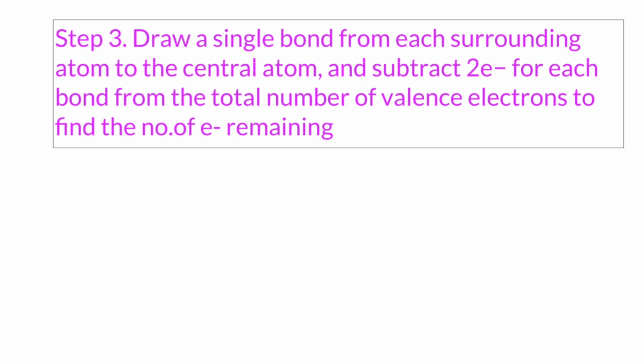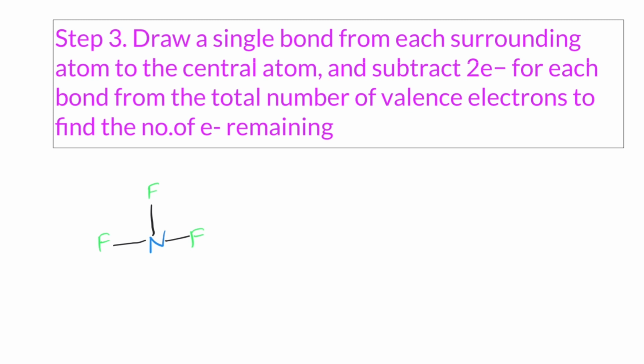First one, nitrogen, N, and we can say these are fluorine, fluorine, fluorine. So for each one bond, I am drawing one bond, one bond, one bond.